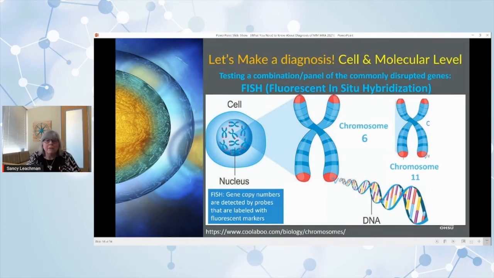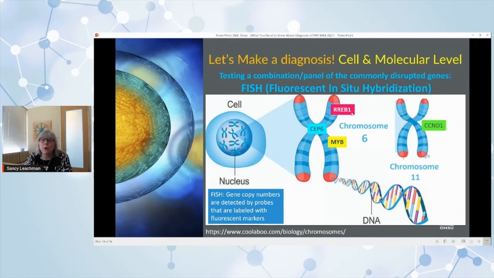Those proteins that are made from those pieces of DNA are important for regulating the growth of the cell. So in FISH, gene copy numbers are detected by probes that are labeled with fluorescent markers. We have one up here on what is called the P or petite arm, and this is the Q arm. The RREB1 probe is important for a gene that we know helps control melanoma. We bind one here, CEP6, another one here, MYB, and another one here, CCND1 or cyclin D1.